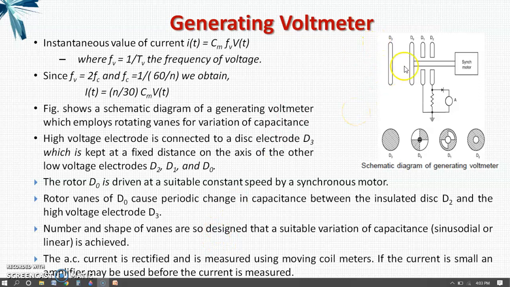The rotor vanes D0, whose cross sectional view is shown here, cause a periodic change in the capacitance between the insulated disk D1 and D2 and D3. The number and shape of the vanes are designed so that the variation of capacitance is sinusoidal or linear, which can be achieved by varying the number and shape of the vanes or electrodes. Finally, the AC current is rectified and measured with the help of an ammeter. If the current is very small, an amplifier is used for the measurement.